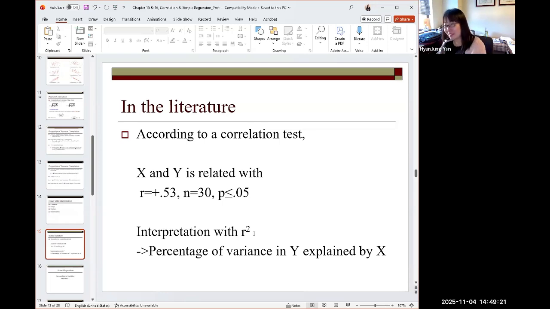What about meta-analysis, aggregating all quantitative research out there? They use the R value and R squared value for the meta-analysis in their research papers. That's the interpretation, and a more intuitive interpretation you can make.